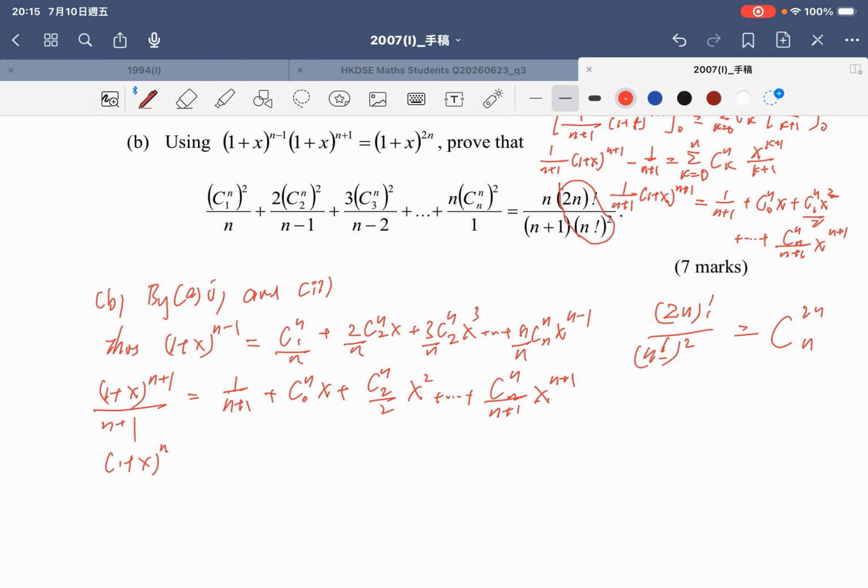We have (1 plus x) to the power n plus 1 equal to 1 plus (n plus 1) nC0 x, plus (n plus 1) over 2 nC1 x to the power 2. Sorry, nC1.